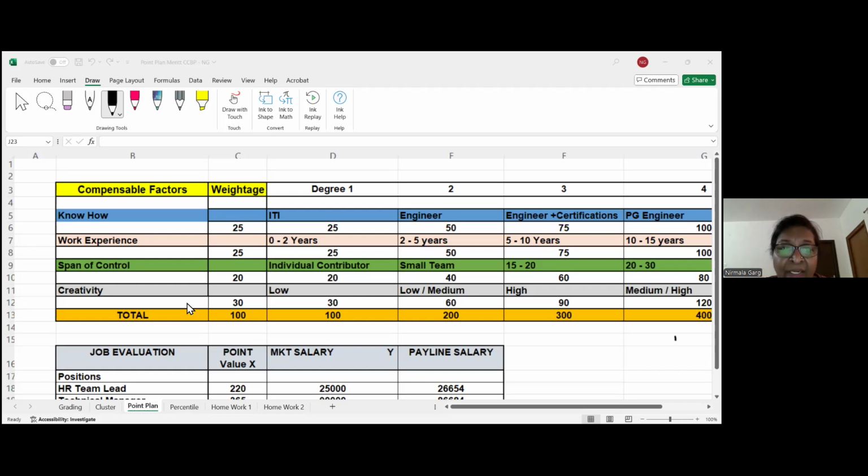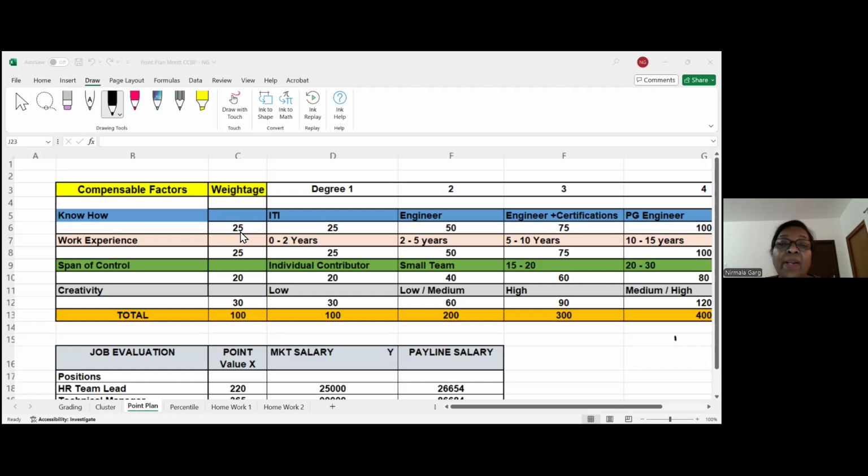Having said that, I have given weightages 25, 25, 20, 30. Now, when you say weightage, all the compensable factors' weightages should sum up to 100. If you have even 8, they should sum up to 100. Even if you have 10, they should sum up to 100. When you say weightage, it's weightage out of 100.